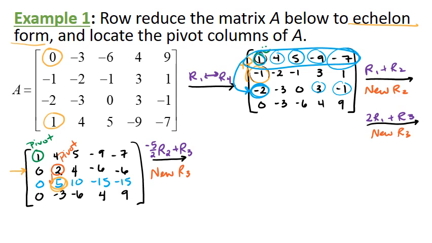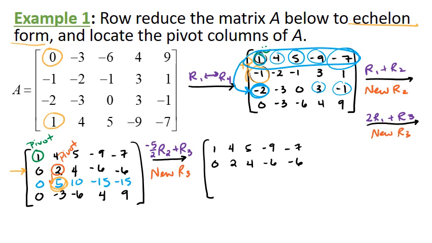Okay, and then I'll do something similar for row 4. So let's go ahead and write this matrix. I will end up with a first row that remains the same, 1, 4, 5, negative 9, negative 7. The second row is the same, 0, 2, 4, negative 6, negative 6. Now row 3 is different.